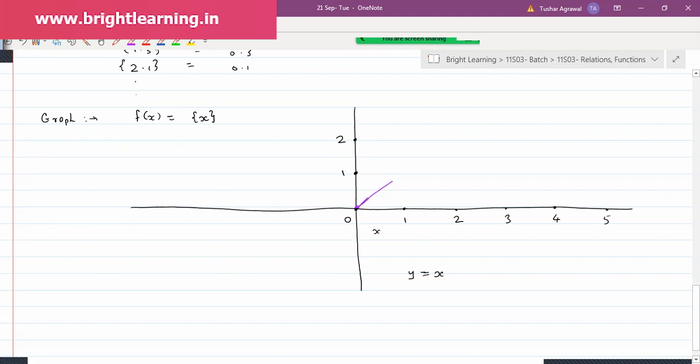As x approaches 1, just to the left side of 1, the graph will be y equal to x. But at exactly x equal to 1, the fractional part will become 0. Do everybody agree with me?